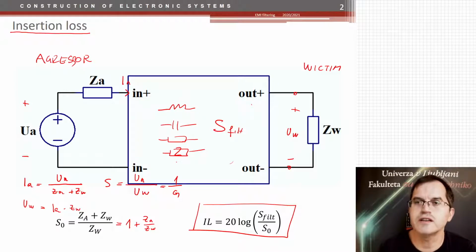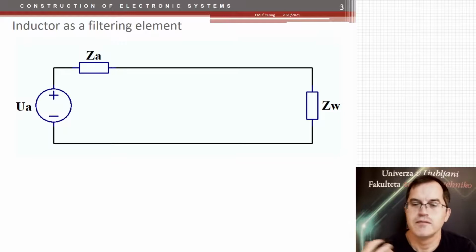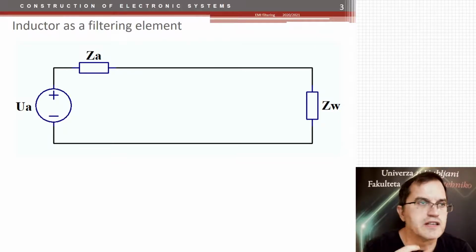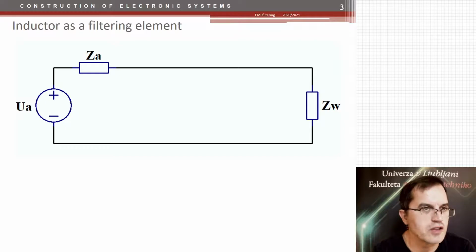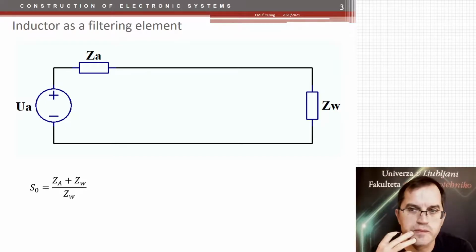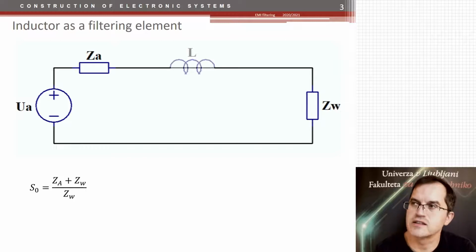Now let's go further and have a few examples. Let's use an inductor as a filtering element. In order to calculate its insertion loss, we first have to calculate the attenuation without the filter, which we already know. Then we can insert the coil.